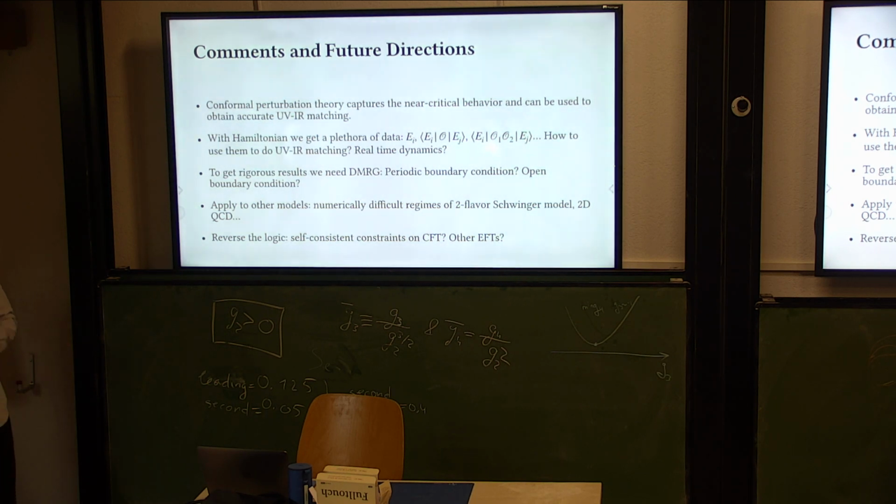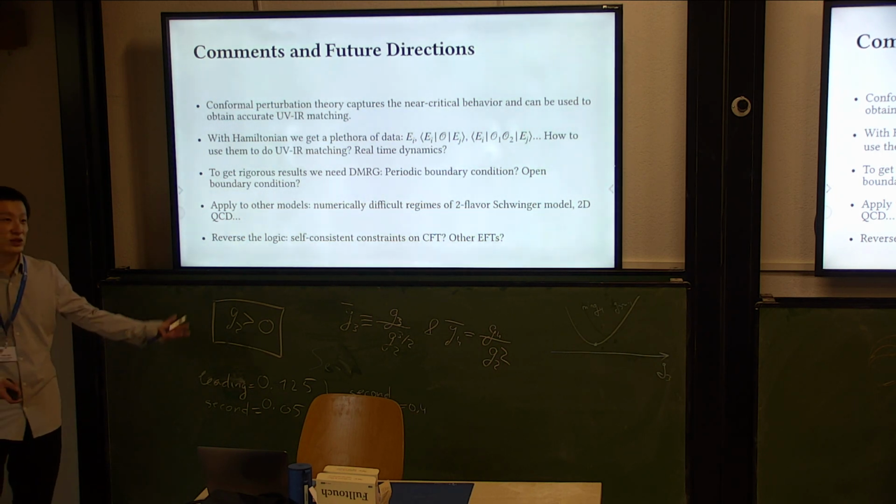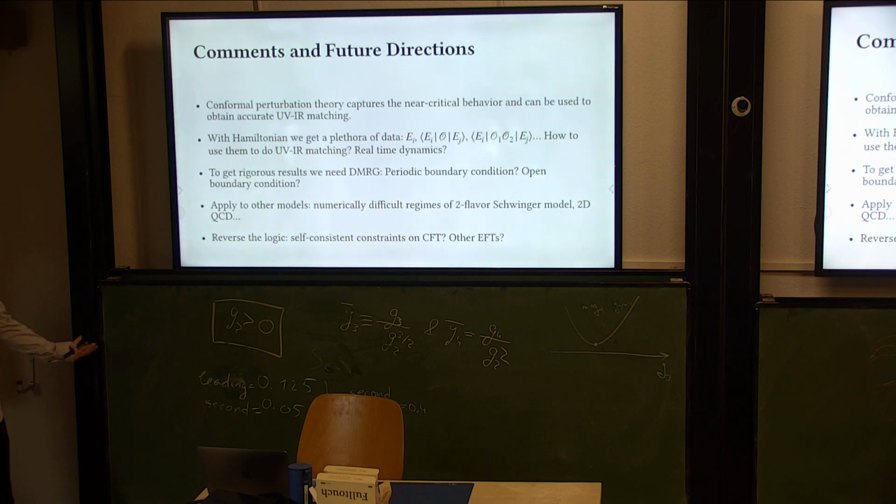It'll be much more interesting if we can use more of the real-time dynamical data, such as the matrix elements in this quantum mechanical model, which is going to give us the 3-point function and 4-point function of the CFT. And then, if we understand the conformal perturbation structure, we can use all of these to strengthen our UV-IR matching. And to get rigorous results, we need to use DMRG.